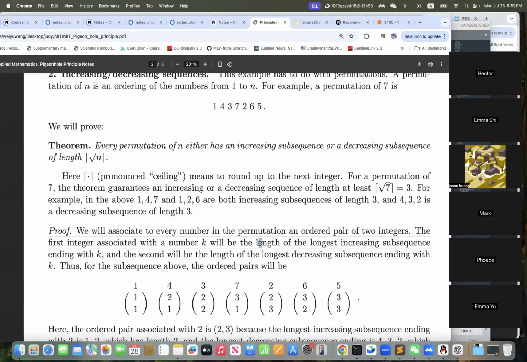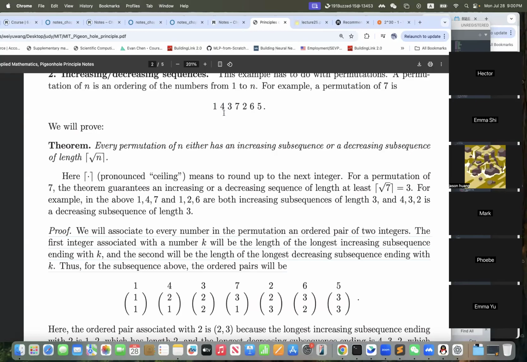It corresponds to the length of the longest increasing subsequence ending with k, and k here is 3, right? So can you tell me the length of the longest increasing subsequence ending with 3?